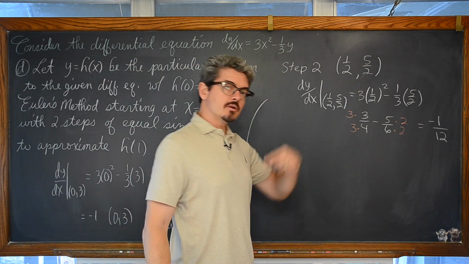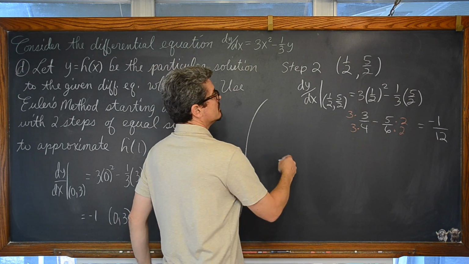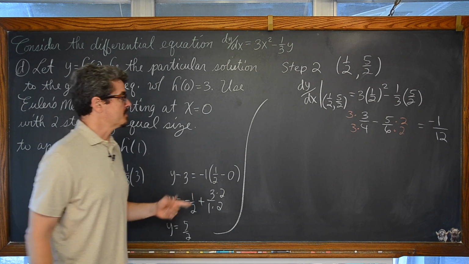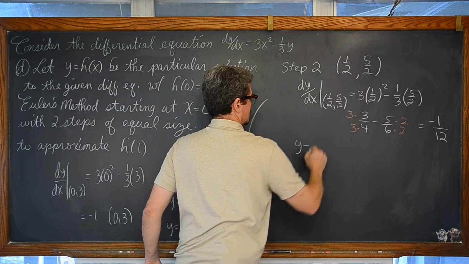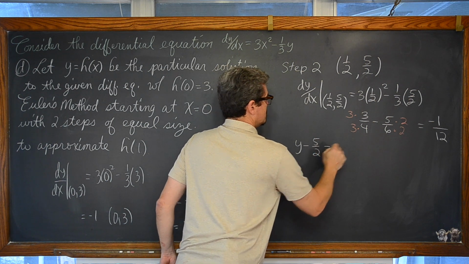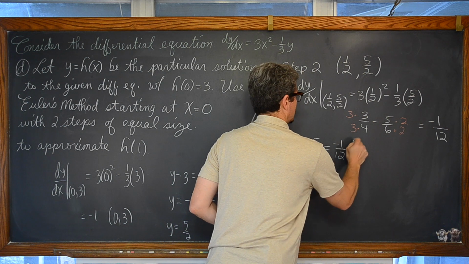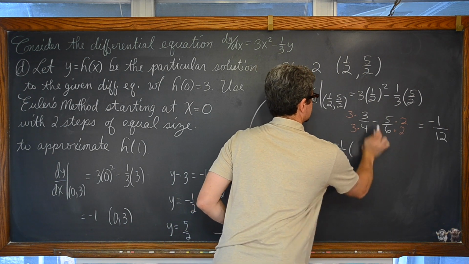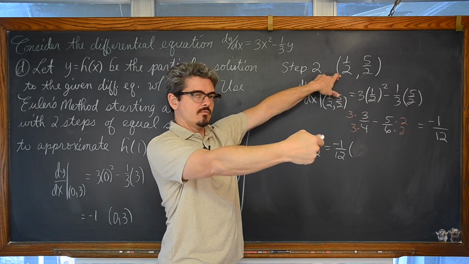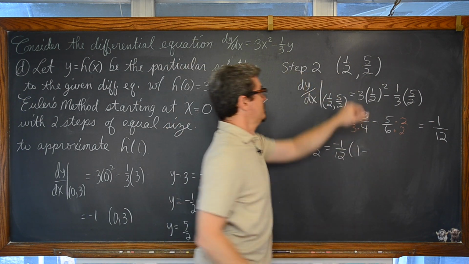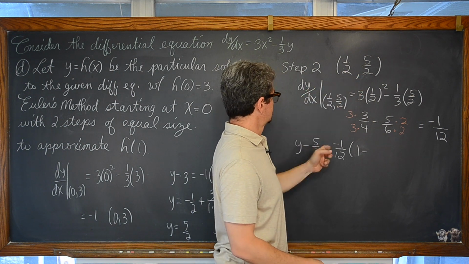Stepping off a half unit over to the right, and using the point-slope form of a line, no reason to streamline this for only 2 steps, we have y minus y sub 1 is equal to m, -1/12, times x, a half step to the right of 1/2 is 1, minus x sub 1.